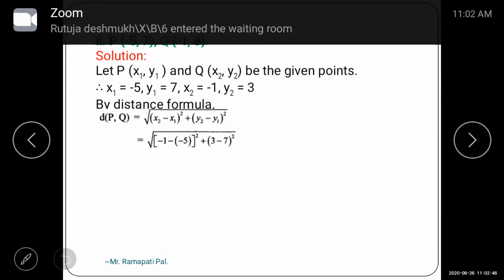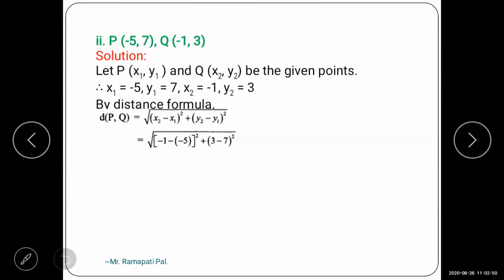So it becomes minus 1 minus 5 and then whole square plus 3 minus 7 whole square. Now if you see here, minus is there. So minus is what? Plus. Correct? So it becomes minus 1 plus 5 whole square.